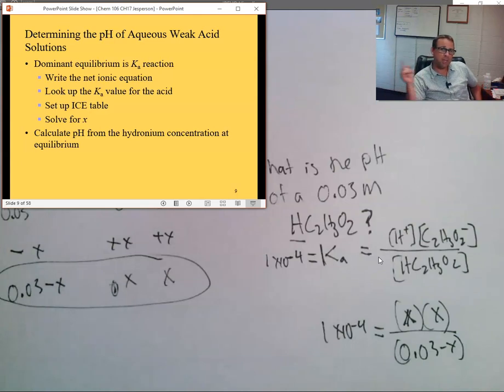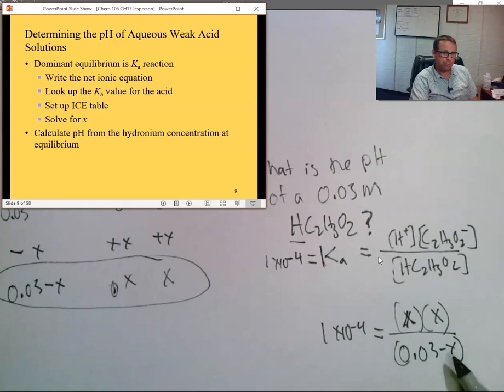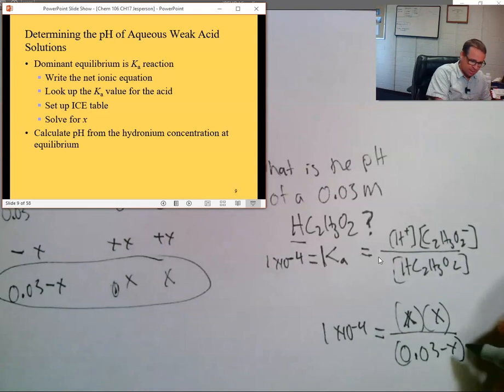But if you remember, it's been a little bit of time, a couple of classes back. But I don't know, Sarah, do you remember how we might simplify this kind of a problem? Yes, so if your K is really small, I think you can just ignore the X on the bottom, because it's essentially 0.